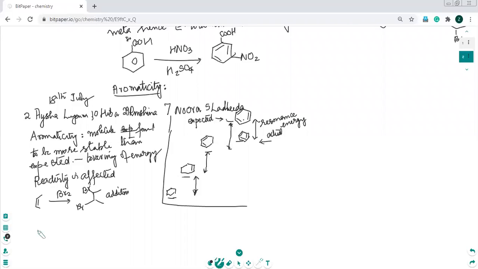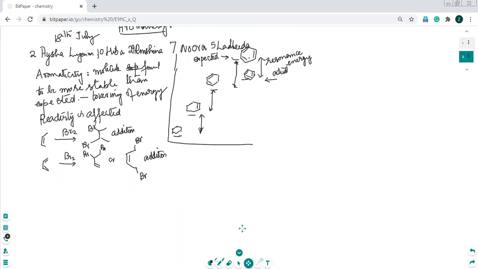If you have a molecule like this and had only one molecule of bromine, you will get this product or you will get this product, 1,4-dibromo or 1,2-dibromo compound. So again, this is an addition reaction.